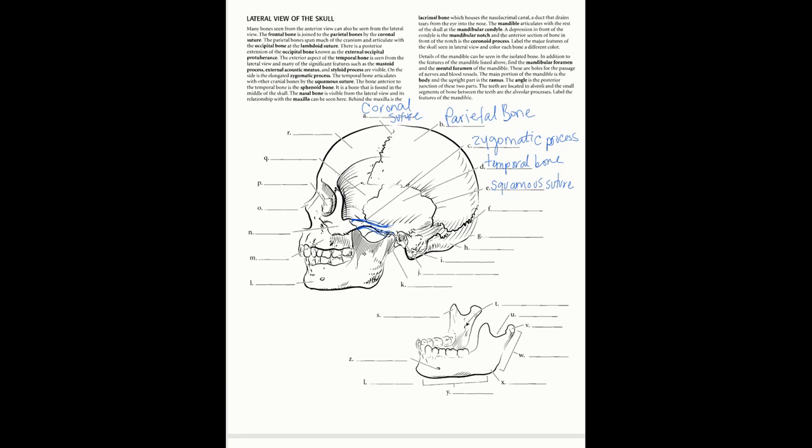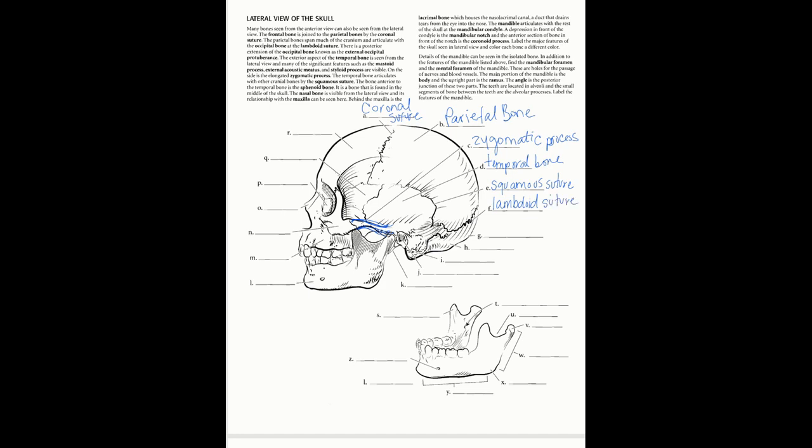Towards the back, or the posterior side, we have the lambdoid suture. I know it's a strange word. The lambdoid suture is going to connect our occipital to our parietal bones.